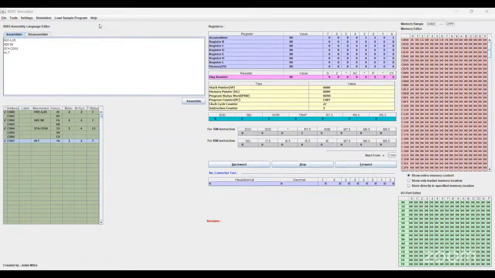So if it is 66, then it will become 65. Then decrement register pair: DCX B, DCX D, DCX H are the possible instructions. So in DCX H, the HL contents will be decremented by 1.